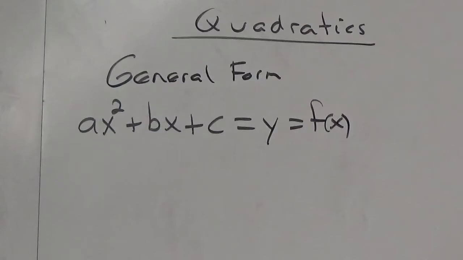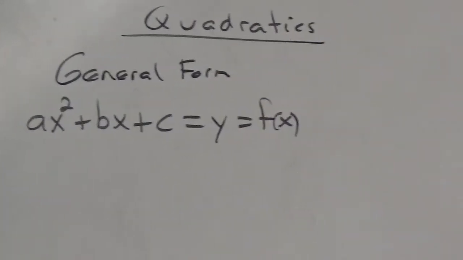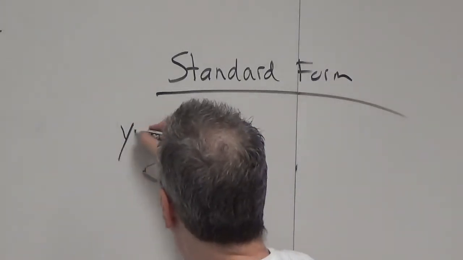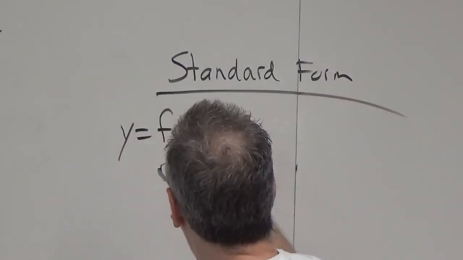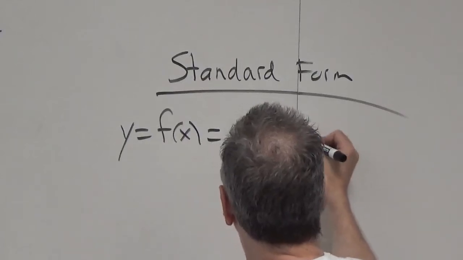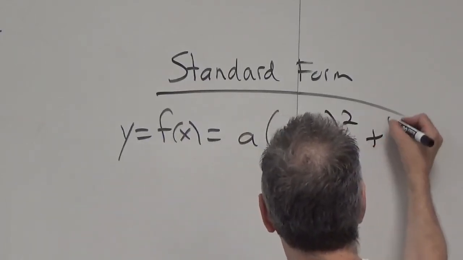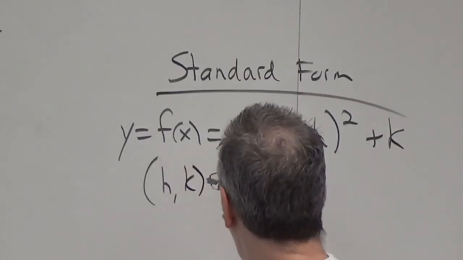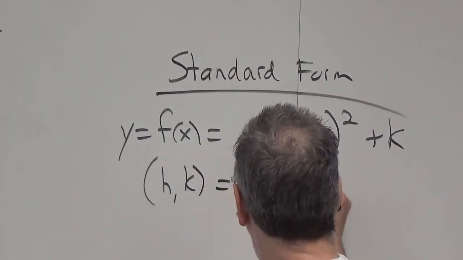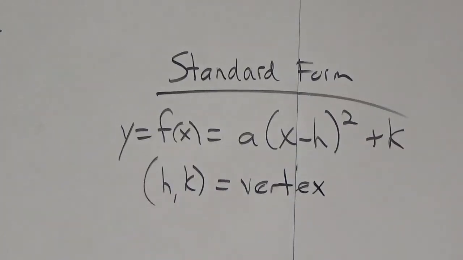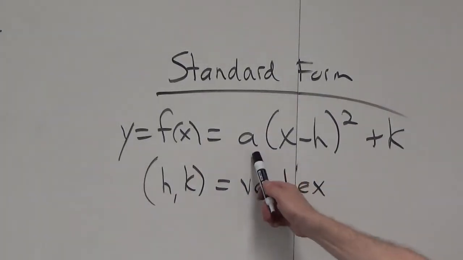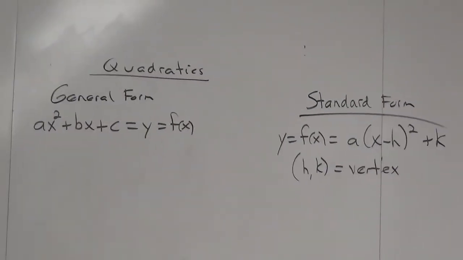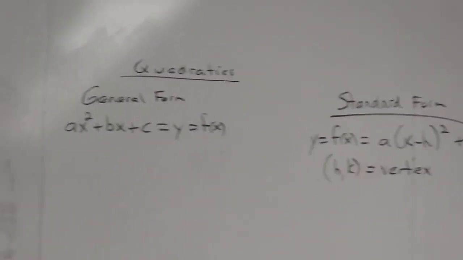So now we're going to look at a second form for quadratics. And this is going to be y again, or f of x. And it's going to look like this, where (h, k) is the vertex of the parabola. And in both cases, the a value tells you whether the parabola opens up or down.